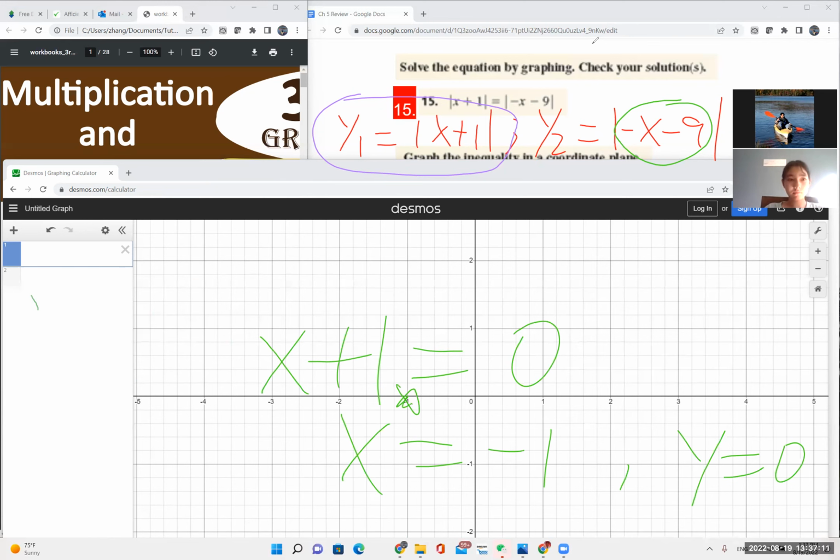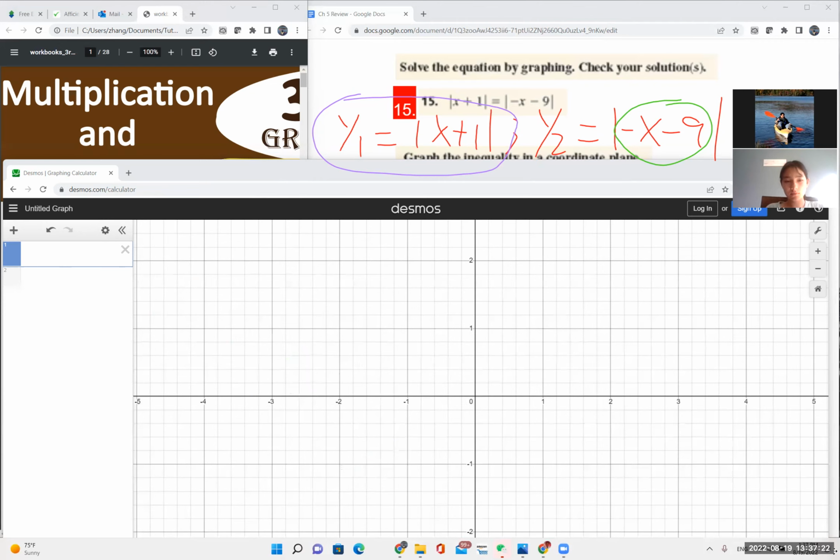So now you do the same thing to the second line, second graph. You write the equation first. Don't guess.